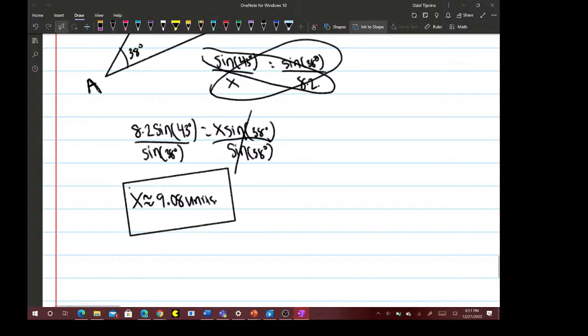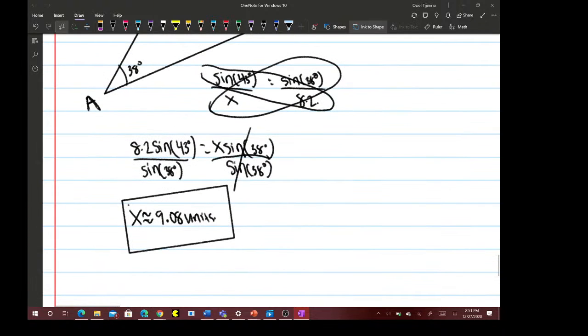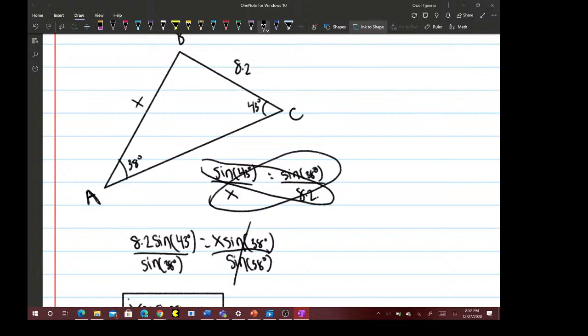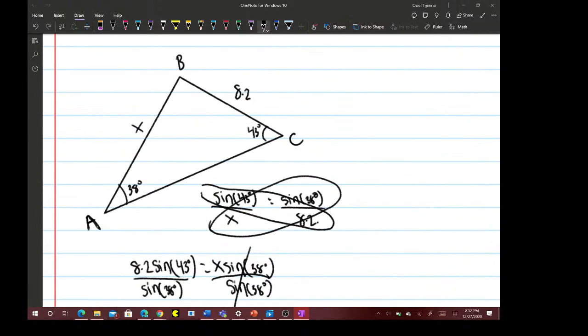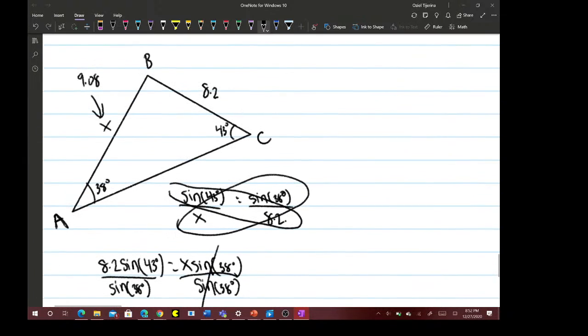Okay. And then we can solve for angle B. So now that we have x, or x is 9.08 units, we can solve for angle B. Angle B is pretty easy to solve for, actually.